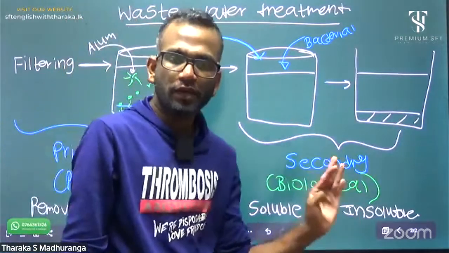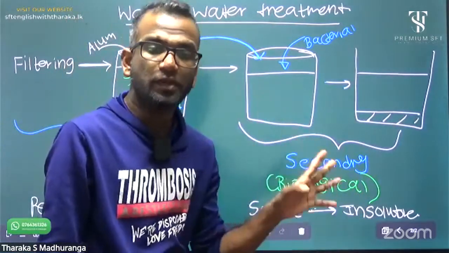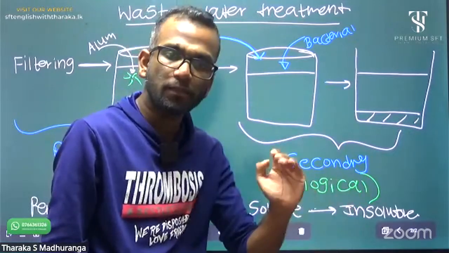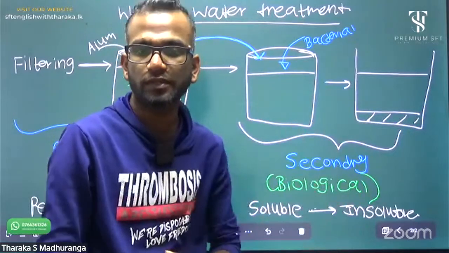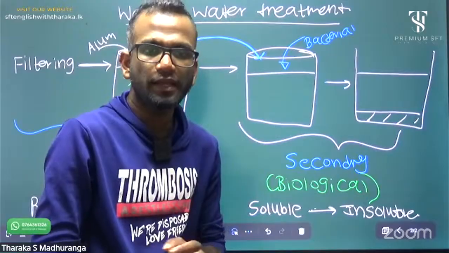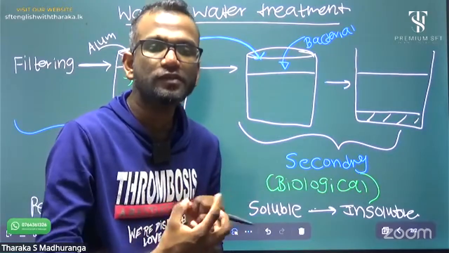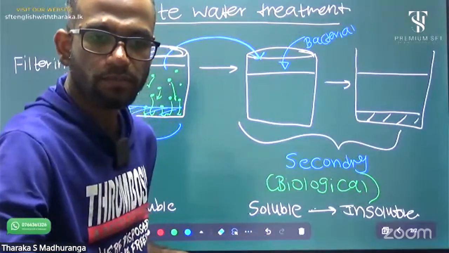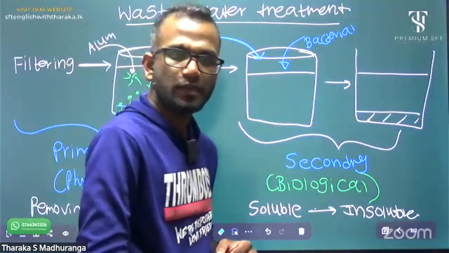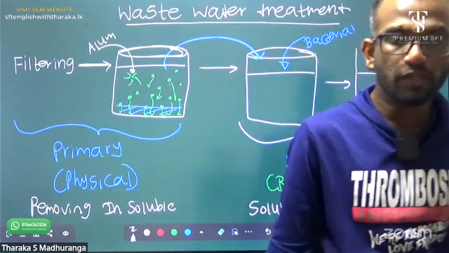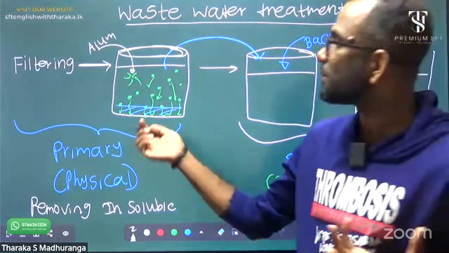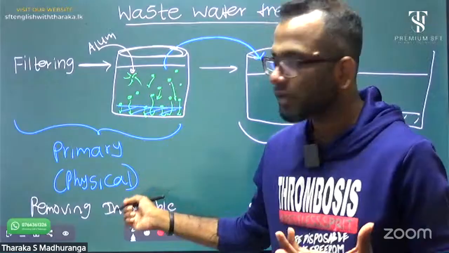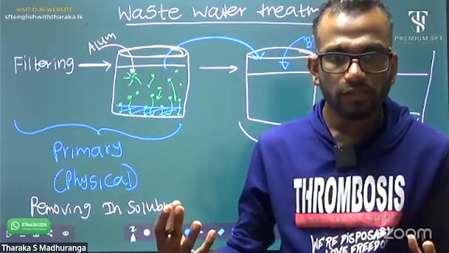Okay, now can you understand, after secondary treatment, both soluble and insoluble compounds have been removed from the wastewater. Are you good, Sarmia? Insoluble floating compounds are removed in the primary treatment.